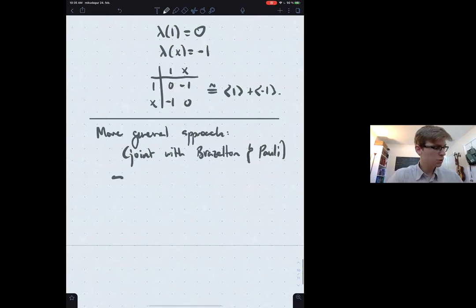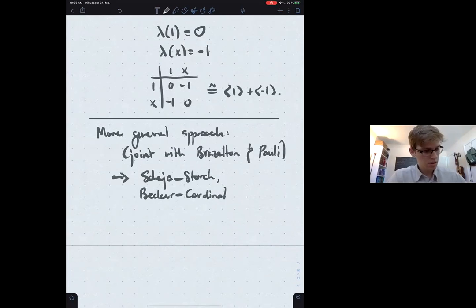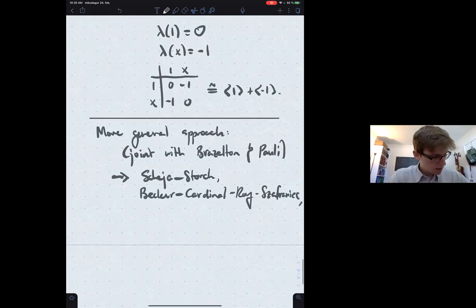And some key ingredients. We're going to use work of Scheja-Storch. We'll use a paper of Becker, Cardinal, Roy, Jafraniak. And Bachmann, Wickelgren.